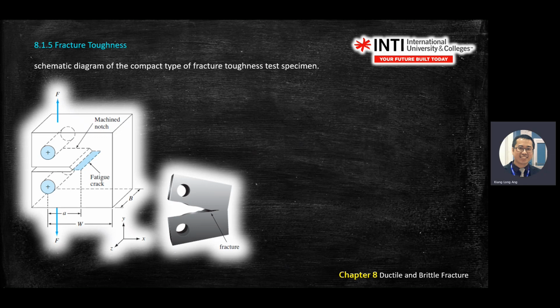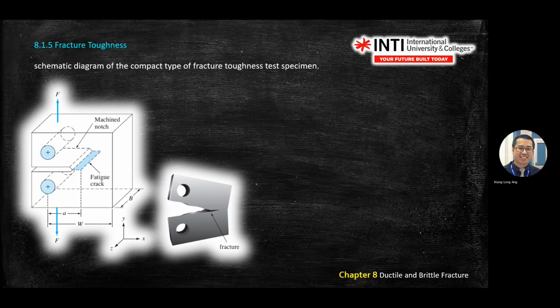You push 2 steel pins at this location and try to open the mouth. The instrument will pull these 2 blue areas side by side, so one goes up, one goes down. Then you need to measure the a here, the W here.